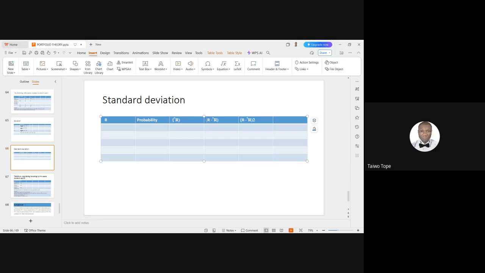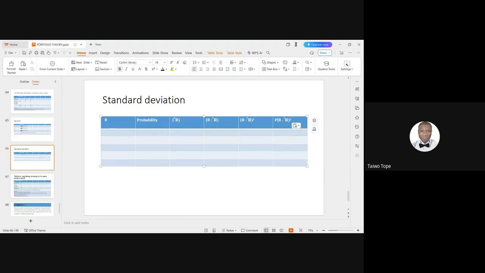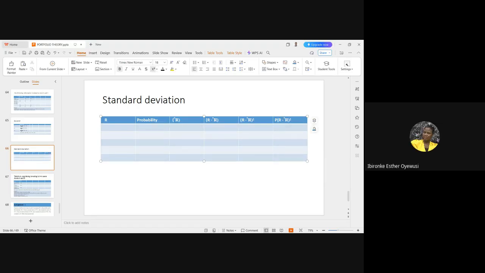So you square this. Next column: probability multiplied by R minus R bar squared.